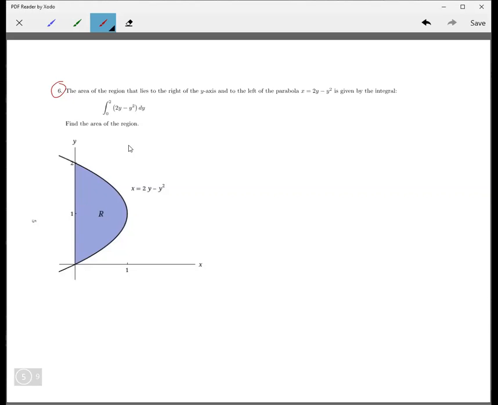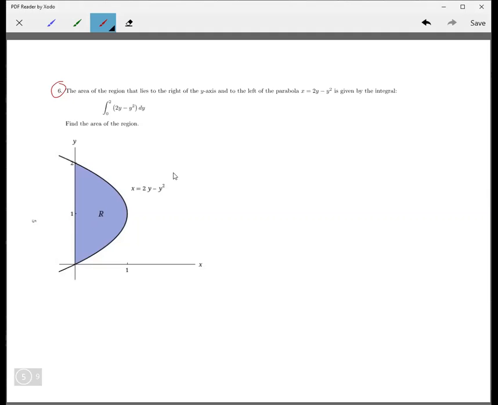Okay, and basically this is the right boundary and this is the left boundary. So if you take the right boundary, which is this one, and subtract the left boundary, which is y equals 0, you're just going to get this minus 0, which is this. Then you integrate from 0 to 2, and you get this region here.